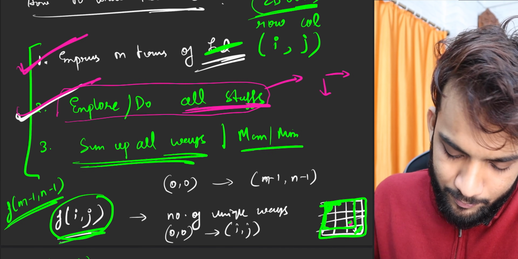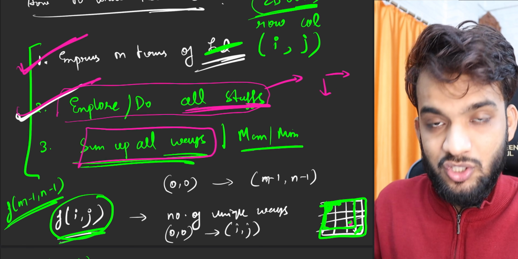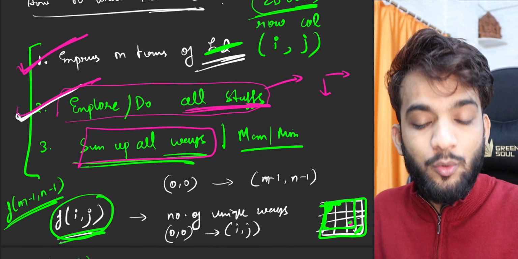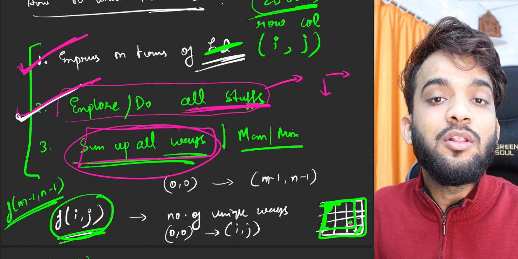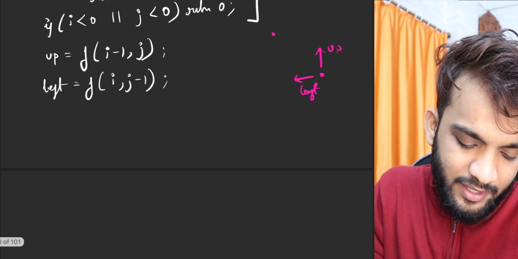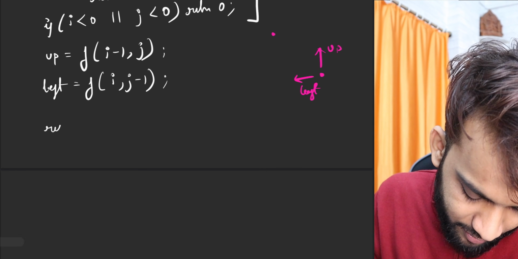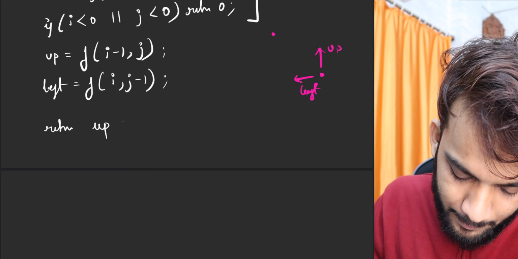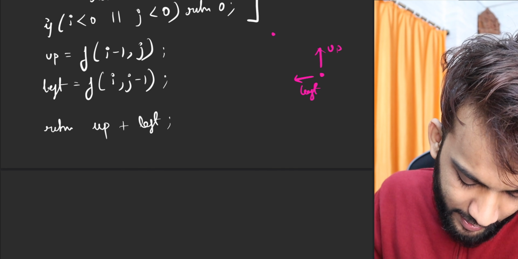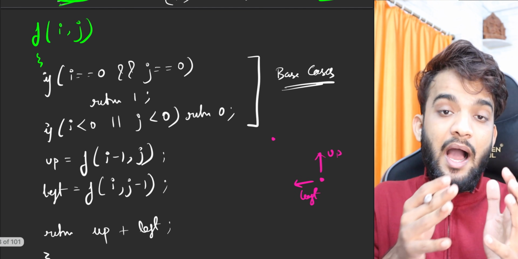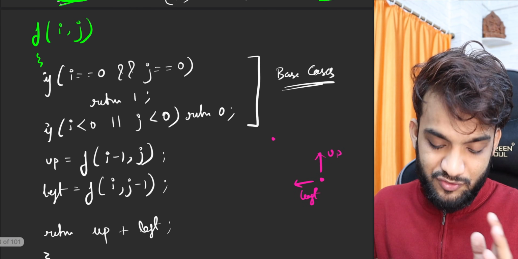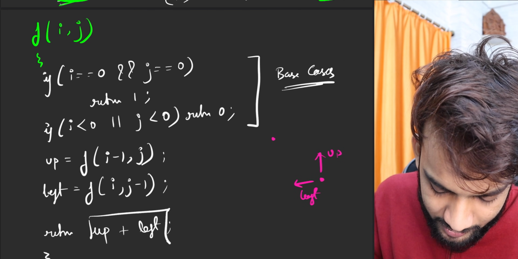What's the next step? Sum all the ways, because you've been asked to count the total ways. So kindly sum up all the ways. So what I will do is, I will say return up plus left. So I've summed up all the possible ways over here.